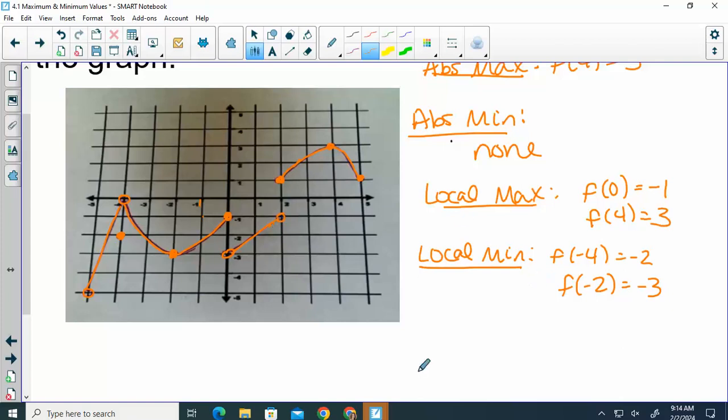So those are the only local mins. All right. Any questions on those? So that's what the first 4 questions on your homework are going to be: just looking at graphs and telling me maxes and mins from those graphs.